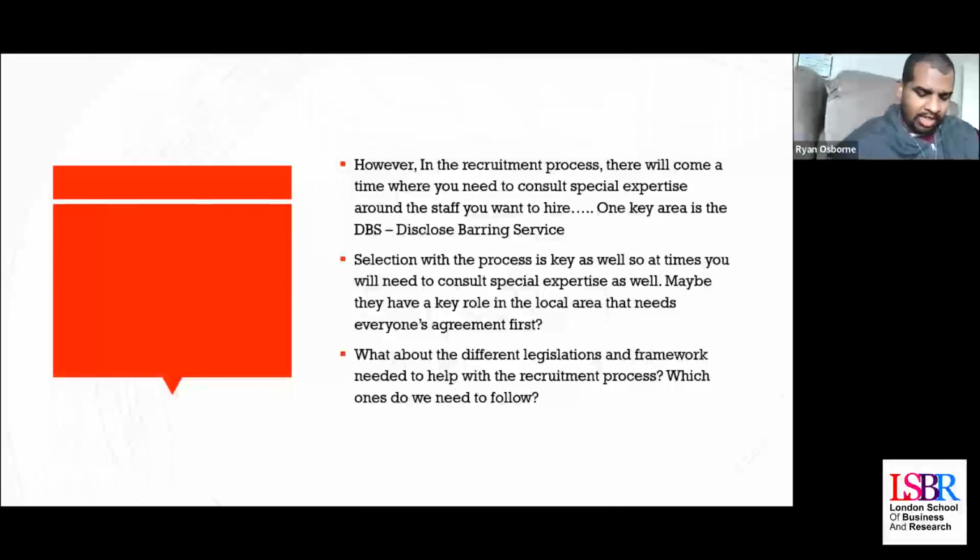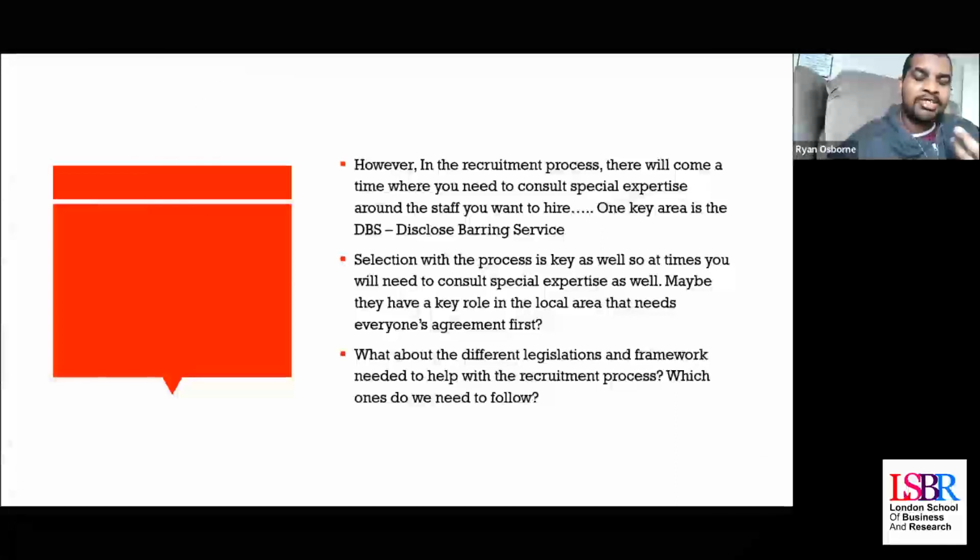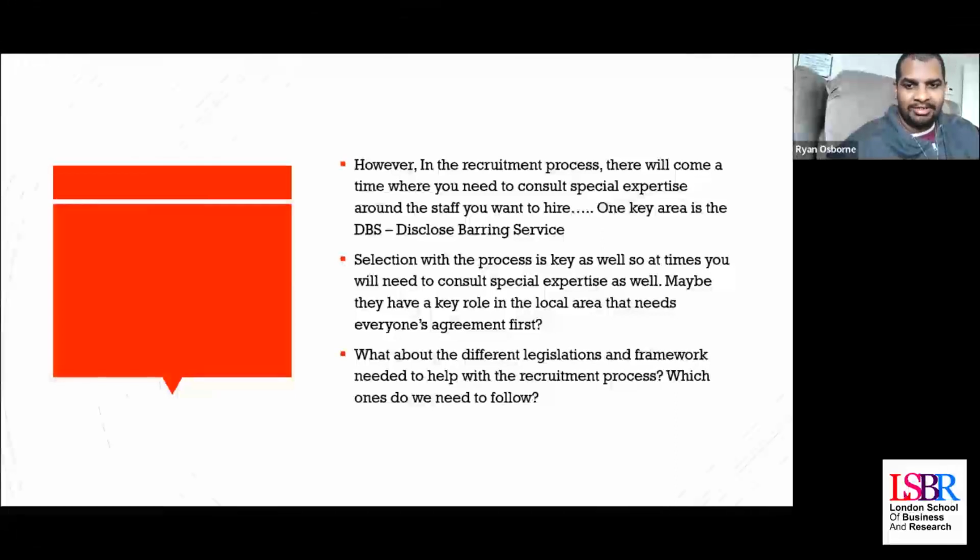Now, when we talk about recruiting and selecting people, let's also bring up the fact about service users themselves. Isn't the service user special expertise as well?